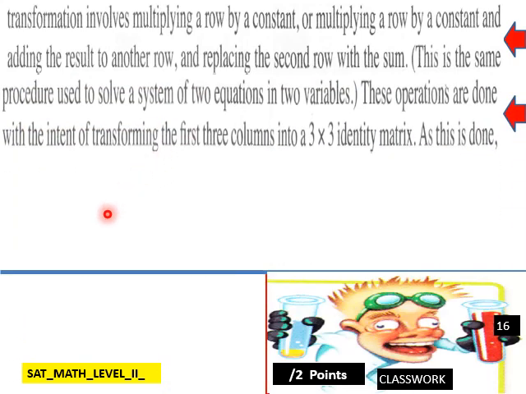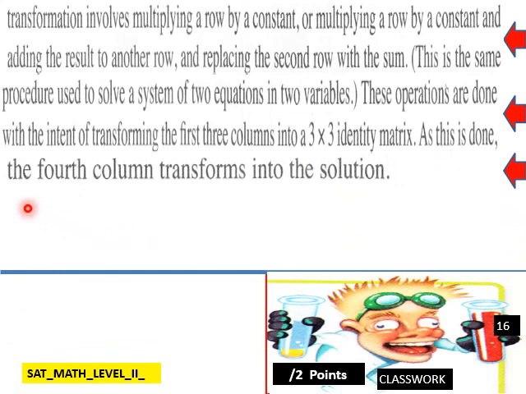This is the same procedure used to solve a system of 2 equations and 2 variables. These operations are done with the intent of transforming the first 3 columns into a 3x3 identity matrix. As this is done, the 4th column transforms into the solution.